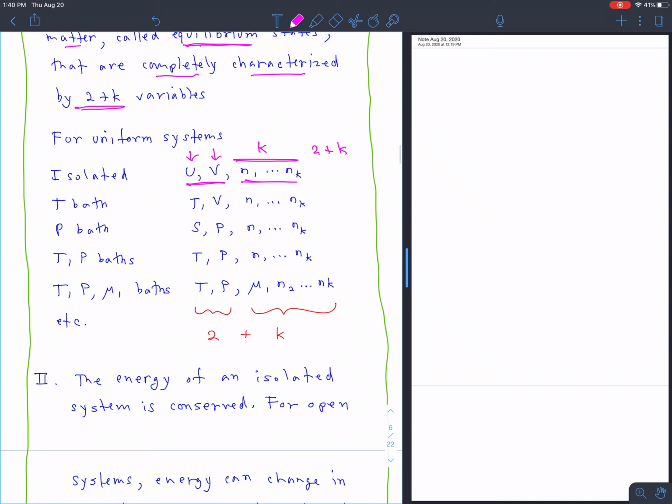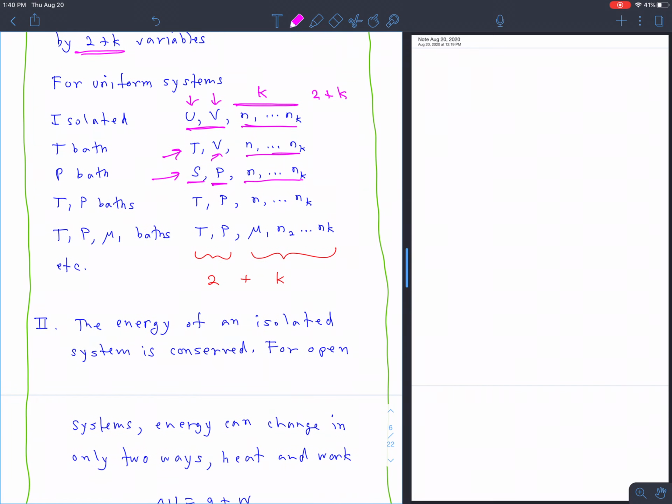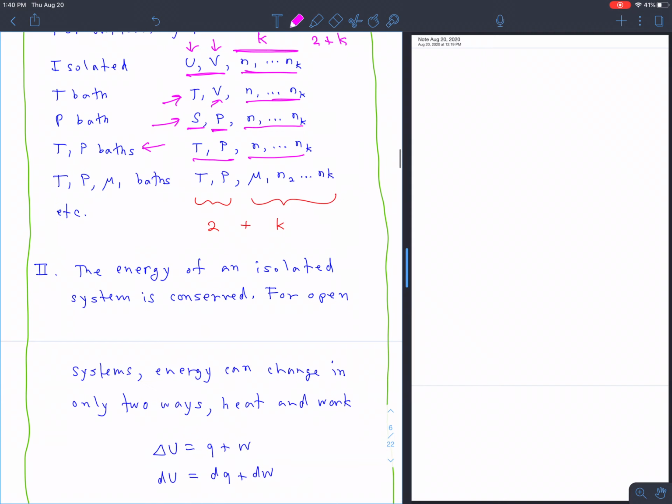If you've got a heat bath, then temperature and volume and k mole numbers. If you've got a pressure bath, but it's insulated, then entropy, it turns out, pressure and k mole numbers. If you've got both temperature and pressure baths, then T, P, and k mole numbers, and so on.